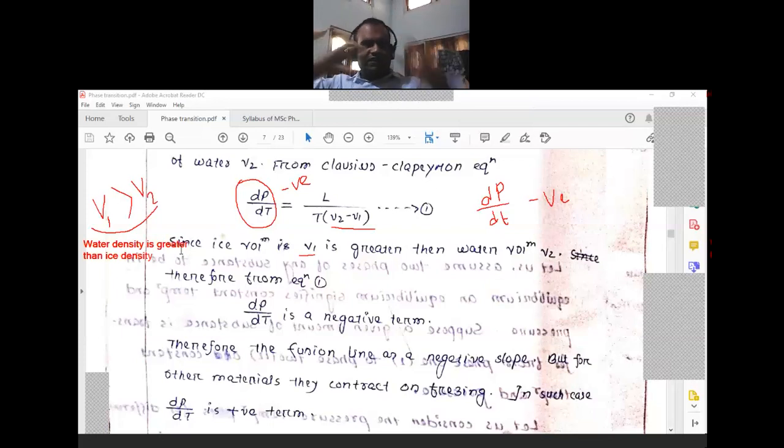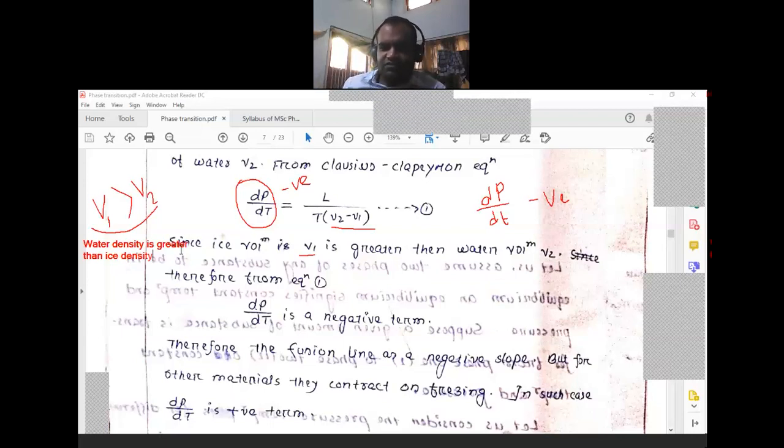Let me type here: water density is greater than ice density because ice is a light material and it has many hollow structures within it. Ice structure is very light, so because of the structure of ice, it has lower density than water.